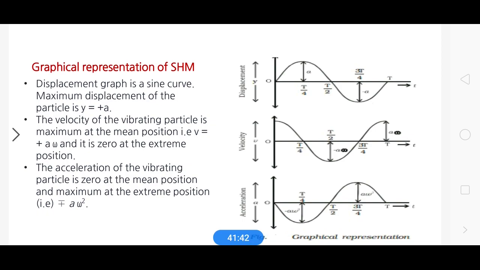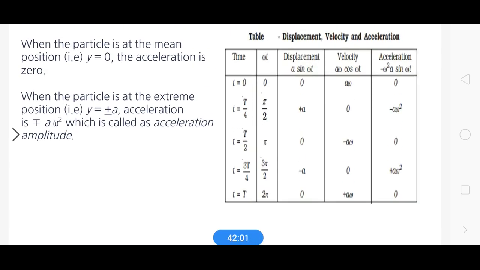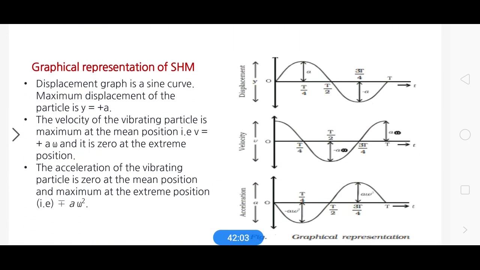So this is the graphical representation of the SHM for displacement, velocity, acceleration. These are nothing but the sine curve and cos curve for displacement, velocity and acceleration. You can see that just by using this chart we can draw this plot, that is time versus displacement, time versus velocity, time versus acceleration.